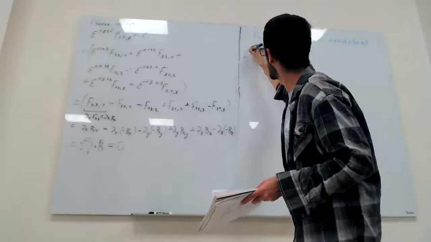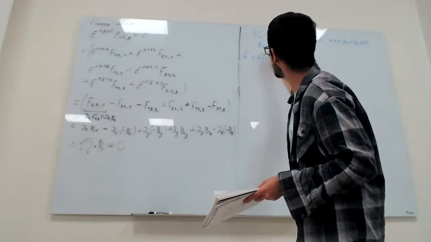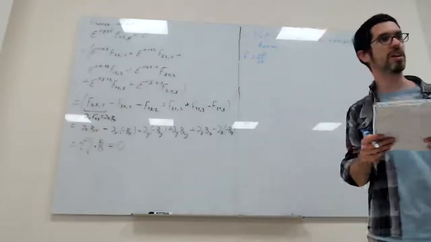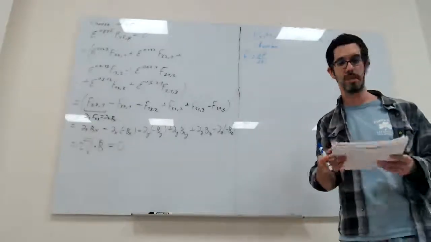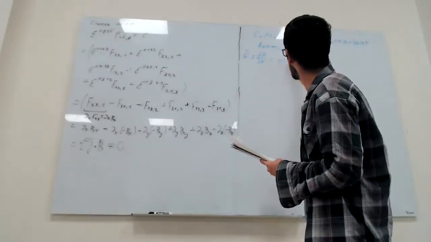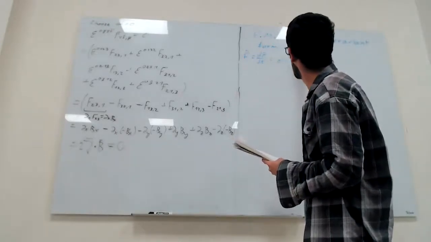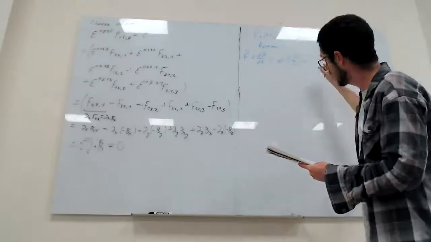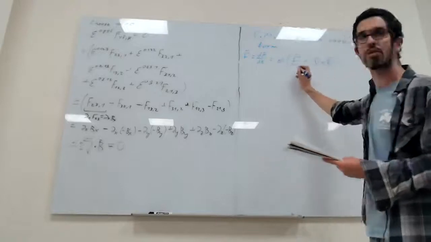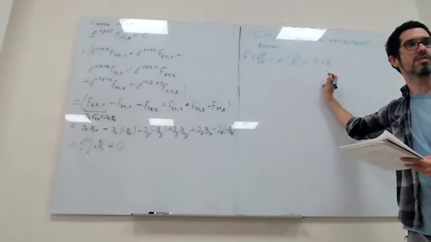F equals dp over dt, like in the more familiar Newtonian dynamics. Equals q, which is the charge, times E plus v cross B. That's the electromagnetic force. That's the electric force, and this is the magnetic force.